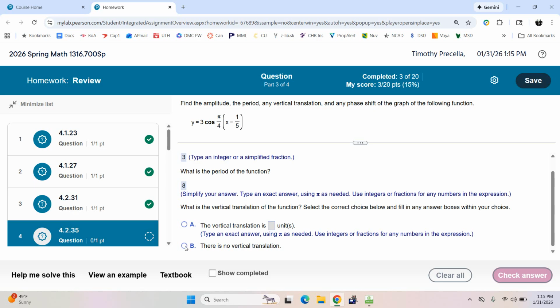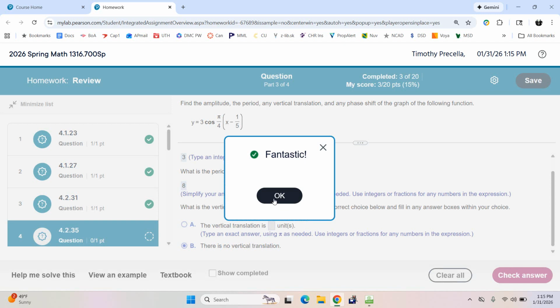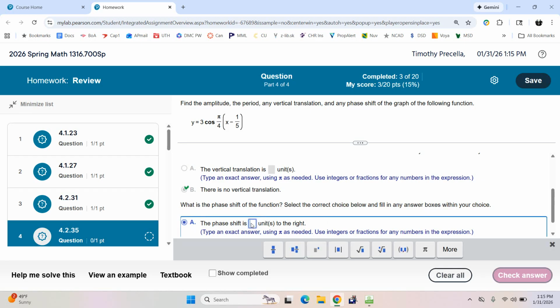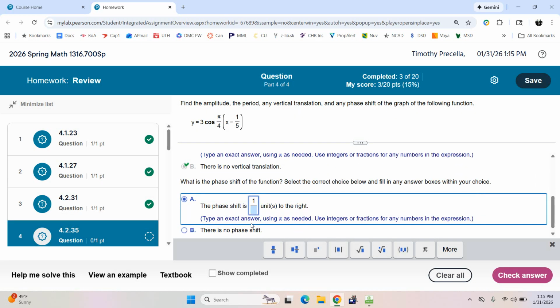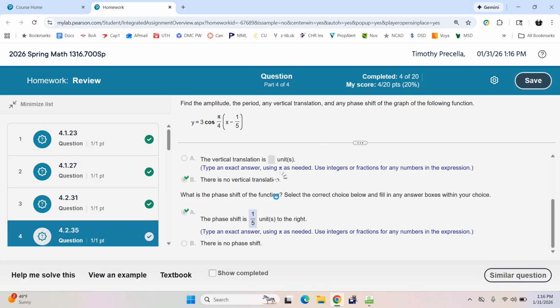There's no vertical translation. And okay, it says to the right, so 1/5. So instead of starting its little basic shape at 0, it starts at 1/5.